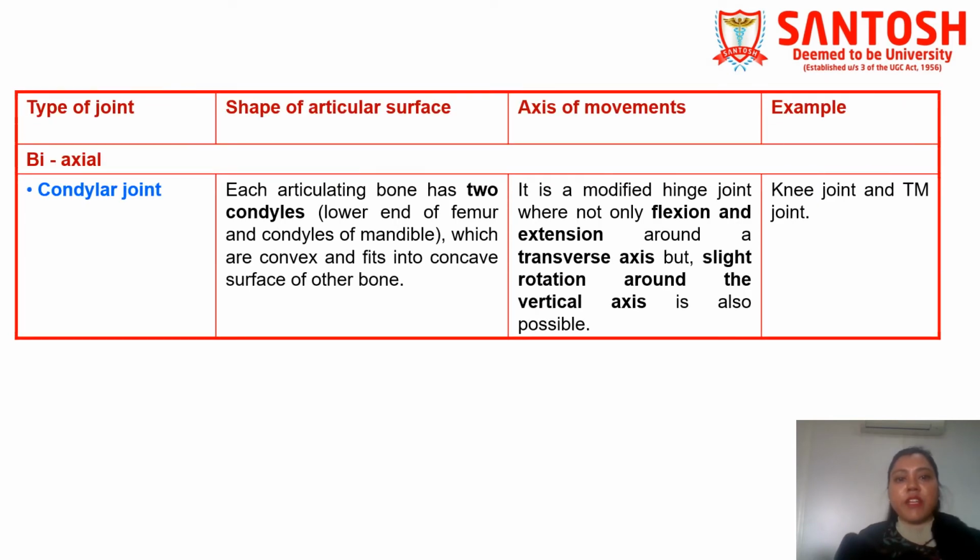Then the condylar variety has two condyles, like the lower end of the femur and the condyles of the mandible. The two condyles fit into the concave surface of the other bone. Flexion and extension are possible around the transverse axis, with slight rotation around the vertical axis. For example, the knee joint and temporomandibular joint.